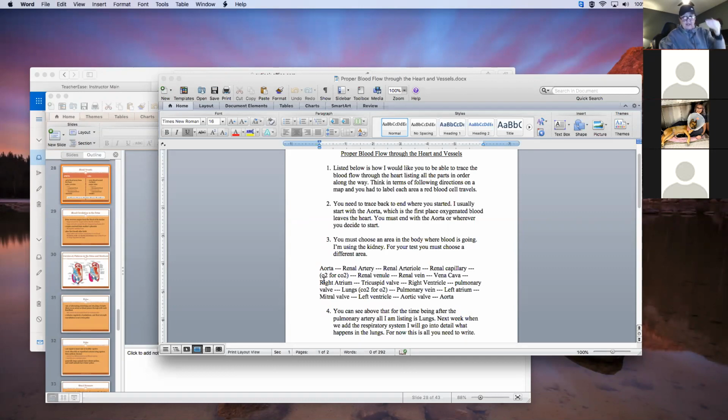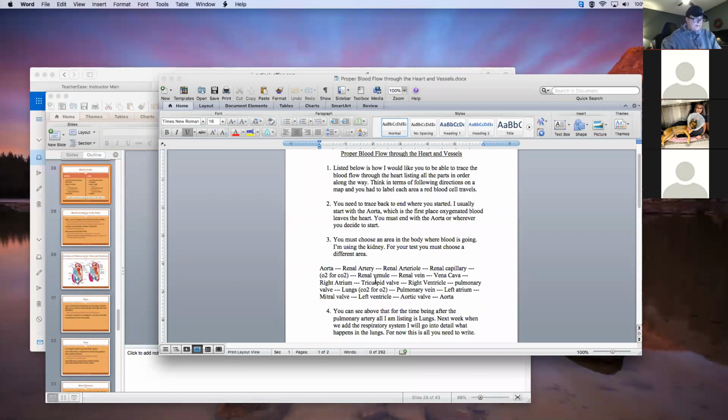So the first thing in the parentheses is what it's dropping off and then what it's picking up. And then after that capillary, it's going to go into a renal venule, which is a tiny vein. The renal vein is a very large branch, but the renal venules all come back into a renal vein, and then the renal vein joins with the vena cava.